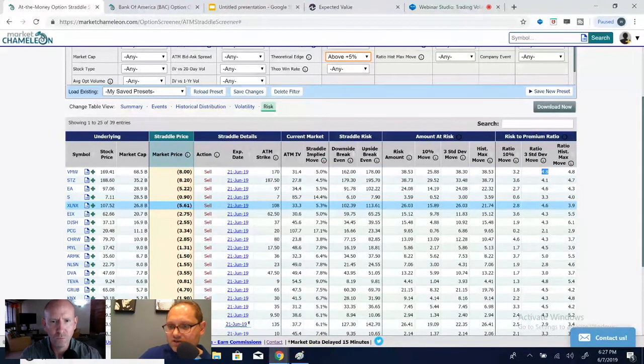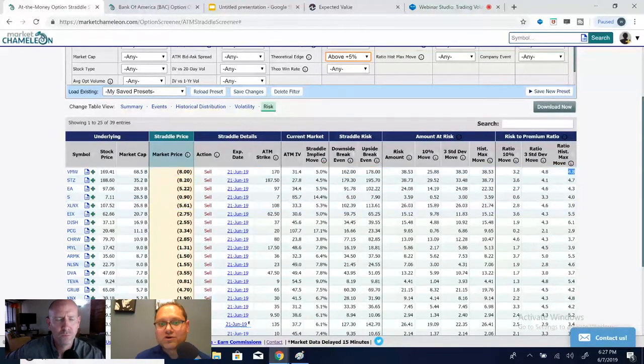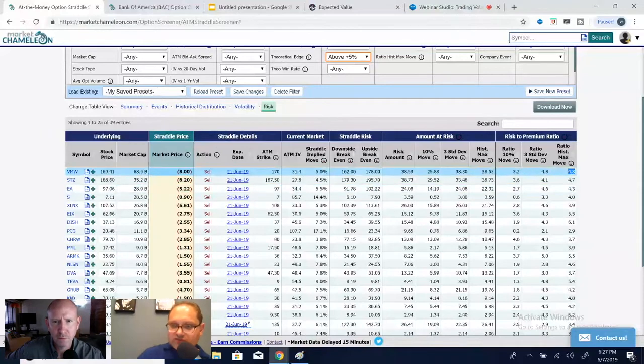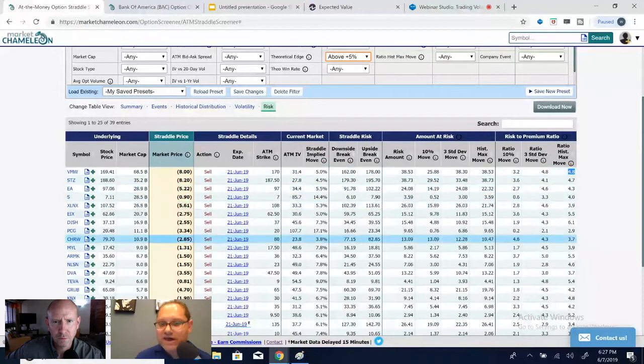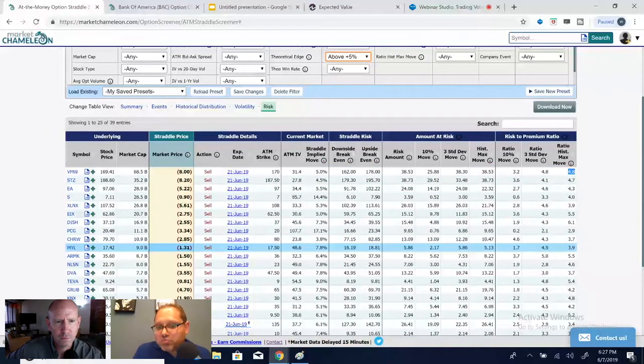The next one is, what is the maximum percentage move the stock has made in the last 10 years? Let's use that as a catastrophic risk. Then we take the highest out of these and use that as the basis of how much you historically risked at every point.